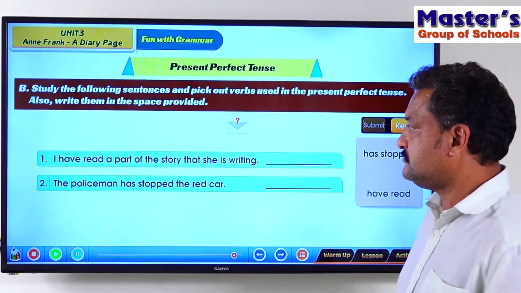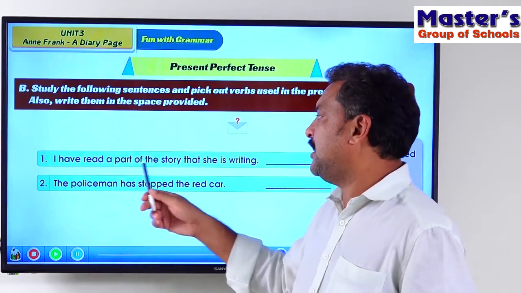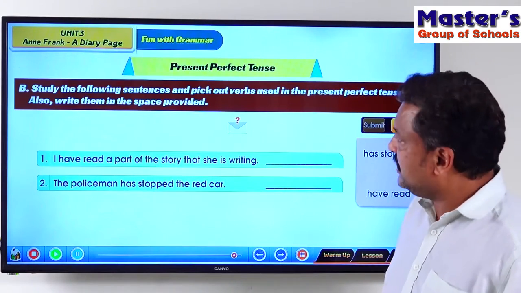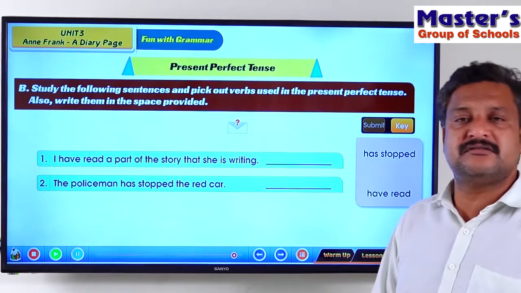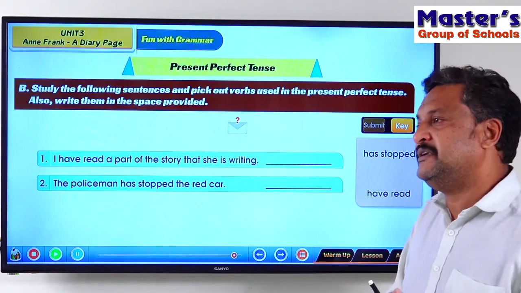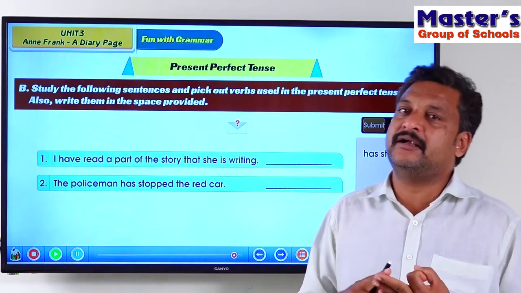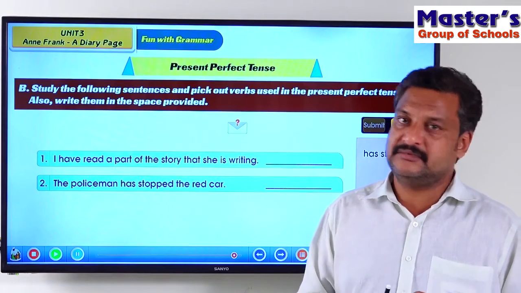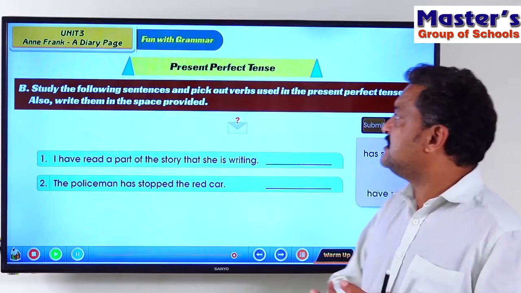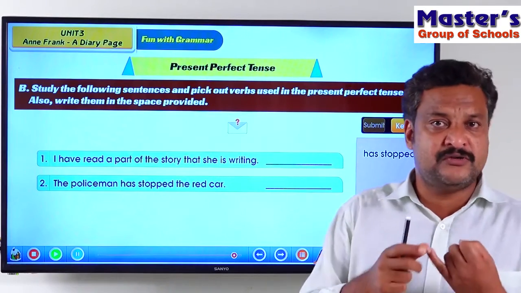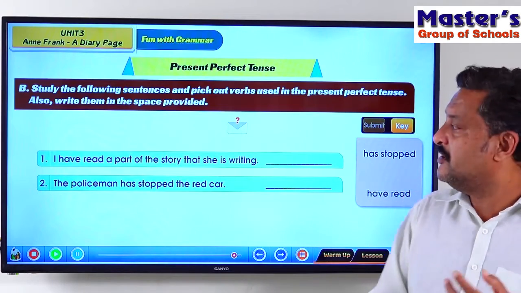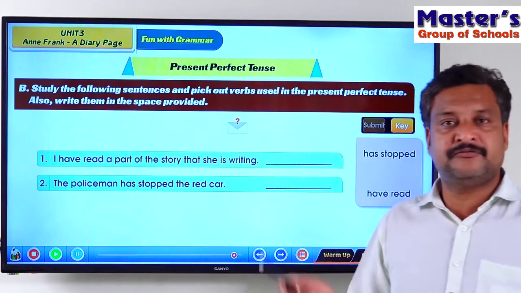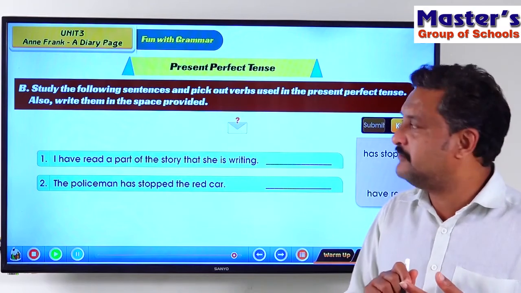I have read a part of the story that she is writing. What is the structure of present perfect tense? If it is a perfect tense, then has, have or had has to be used. This is present perfect tense, so we use has or have. I is the subject here, so after I we use have.